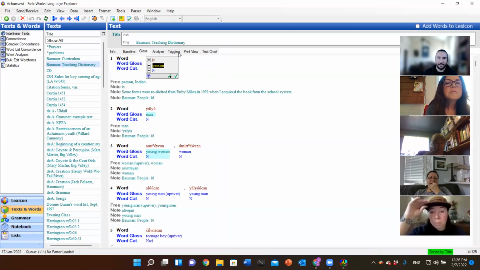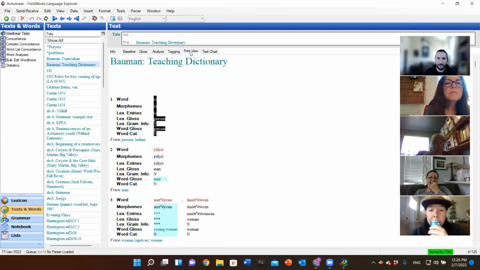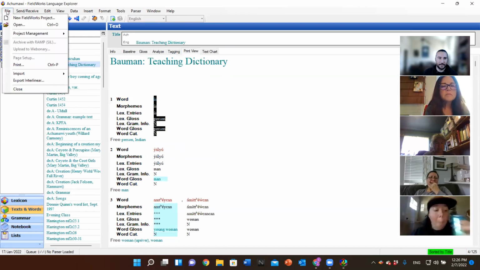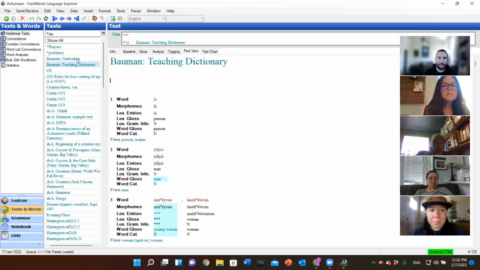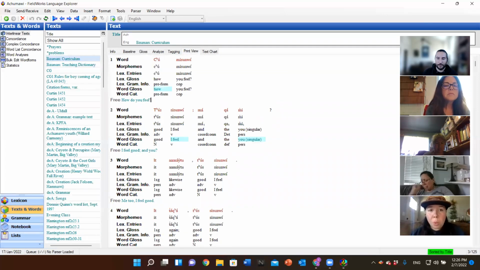So it's all here, and then you click print view, and then you can do file, print. Okay, cool. Thank you. No problem.